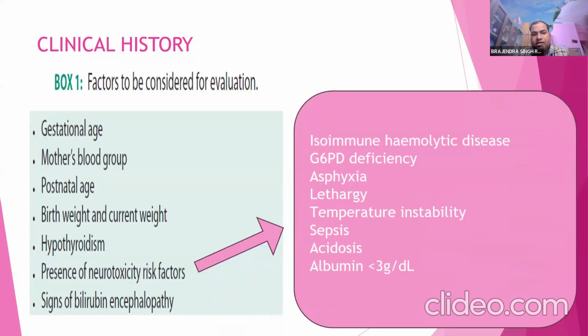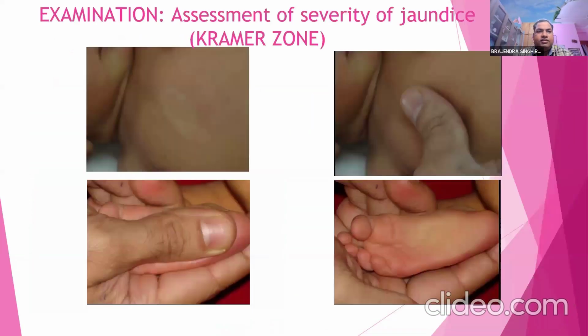So we can take some history and some clinical examination, like signs of bilirubin encephalopathy, and some lab parameters as neurotoxicity risk factors. In examination, we can go for the Kramer zone.